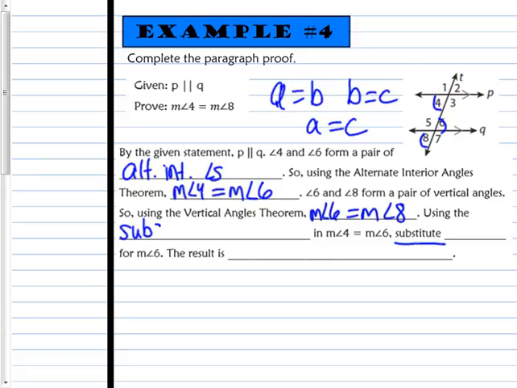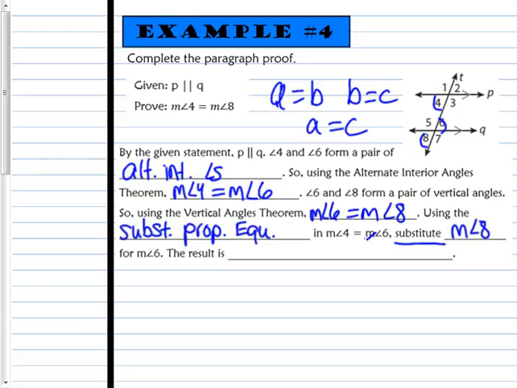So using the substitution property of equality, and the measure of angle 4 equals the measure of angle 6, I'm going to substitute the measure of angle 8 for the measure of angle 6.